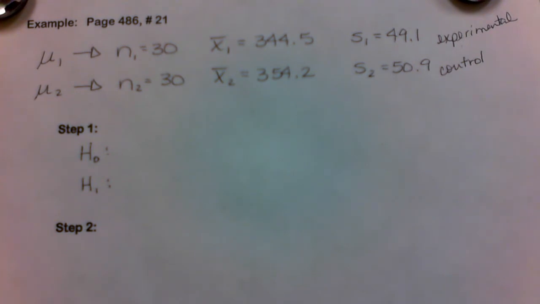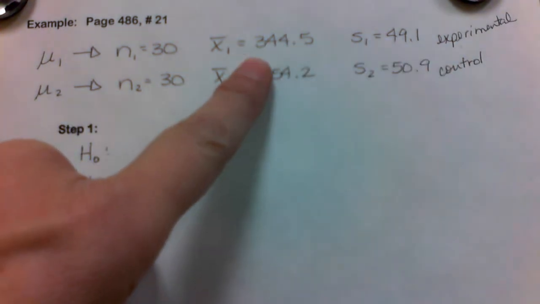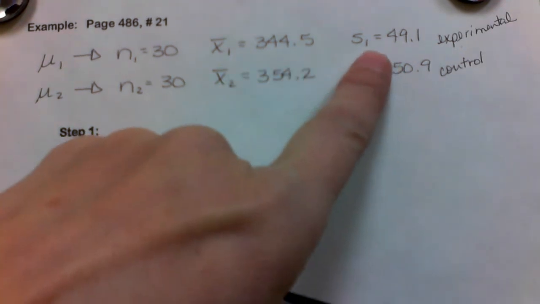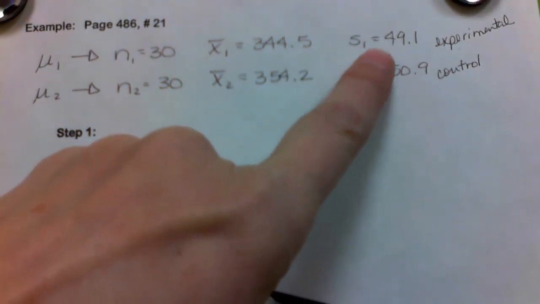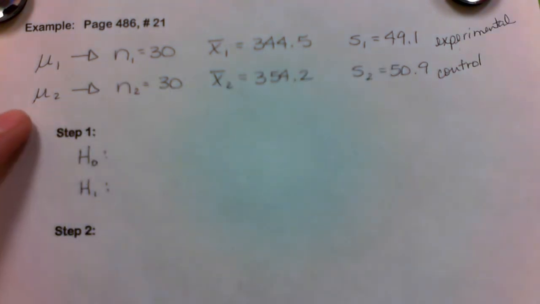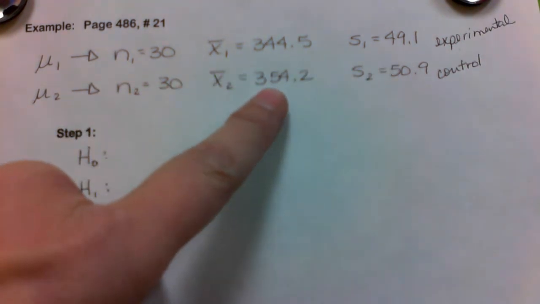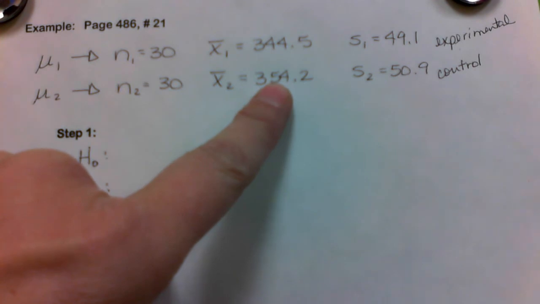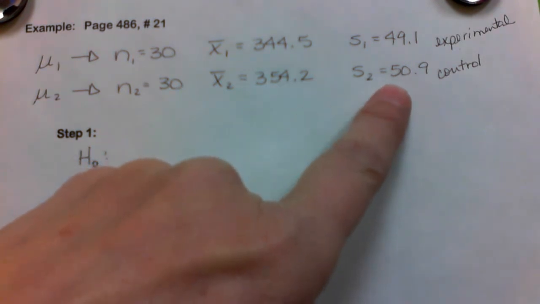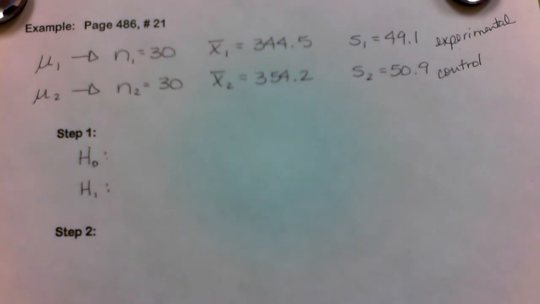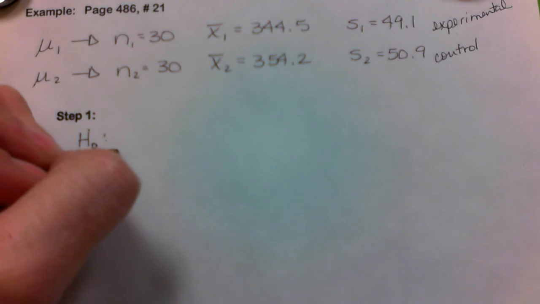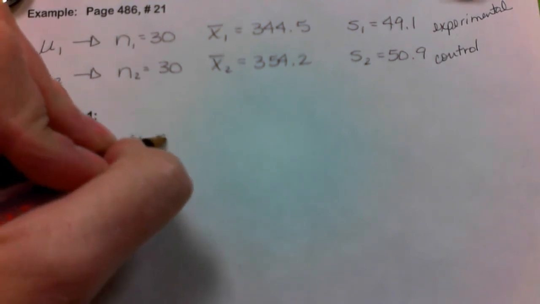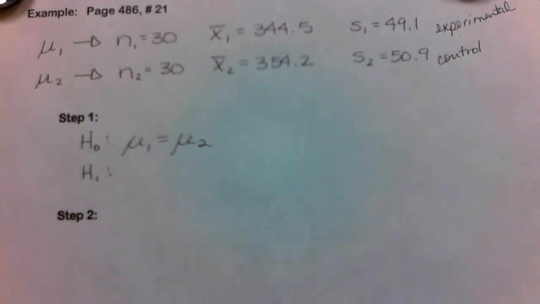So as you go through, it tells us the values for each of these. The experimental group had X bar 1 of 344.5, and notice it gives me s. So that tells me I'm going to have to use the student's t-distribution. For the control group, they had a sample average of 354.2, and the sample standard deviation was 50.9. I know that the null will be that both groups scored the same on the test, that it's equal.